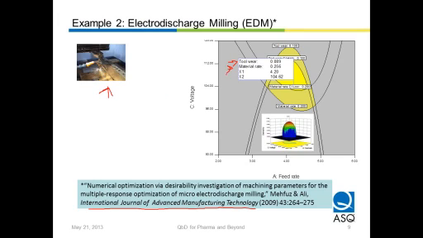And so response surface method was run, and then they did a numerical optimization using desirability as an overall utility function, and they were able to come up with one combination that's shown here that was the ideal, most desirable point.